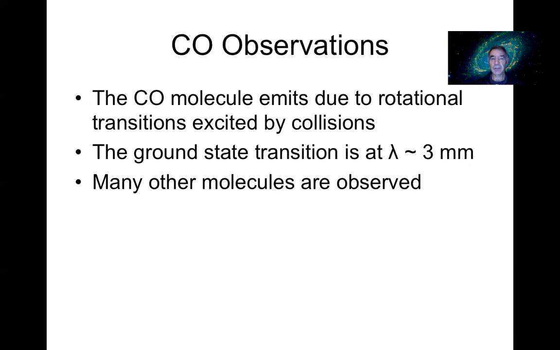Those are all hydrides of the common elements C, N, and O. You've got nasty things like cyanide. You've got quite complex molecules. People have found quite long chain carbon molecules, simple sugars, and the hunt is on for even amino acids in space. So a lot of interesting astrochemistry out there, which again is another feature of expertise here in the Leeds Astrophysics group. So a lot of people studying different molecules in space.